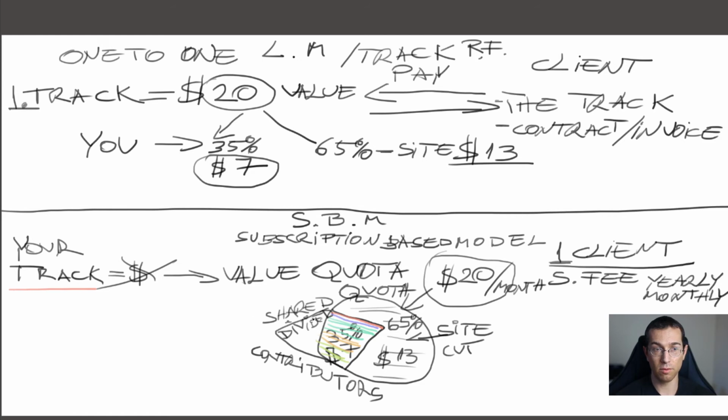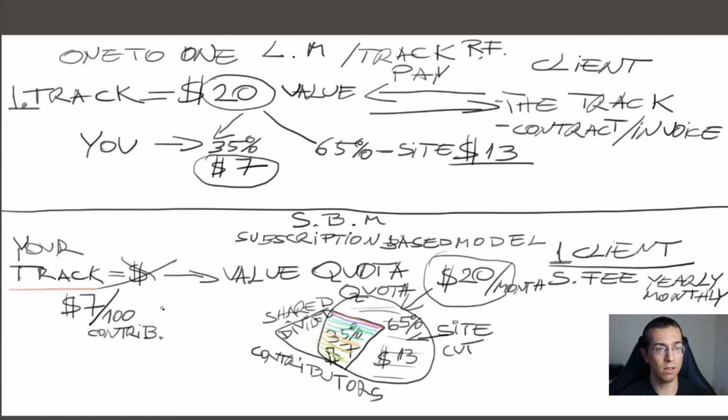So at the end of the month, this $7 is divided between 100 contributors.